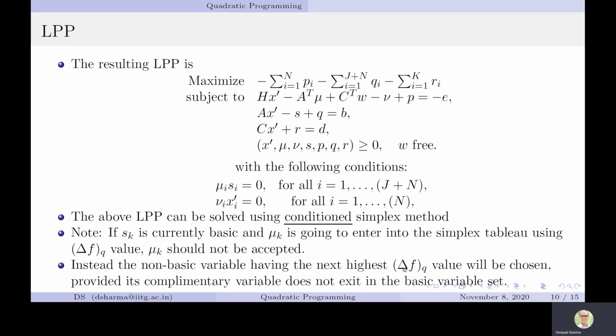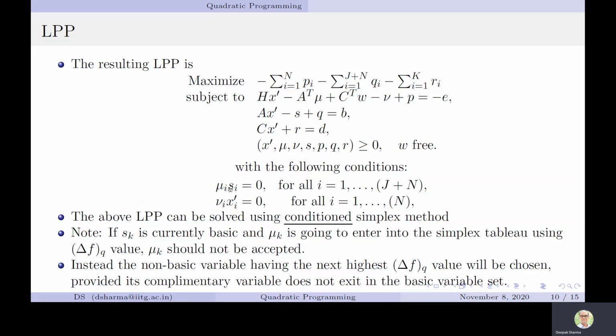Otherwise, we will go to the third one. We have to just make sure of these two additional conditions, mu i si equals 0 and mu i xi prime equals 0.